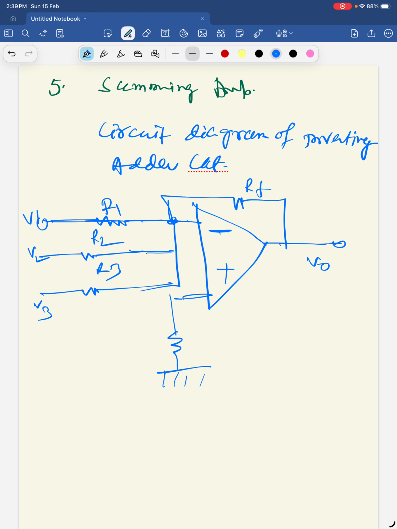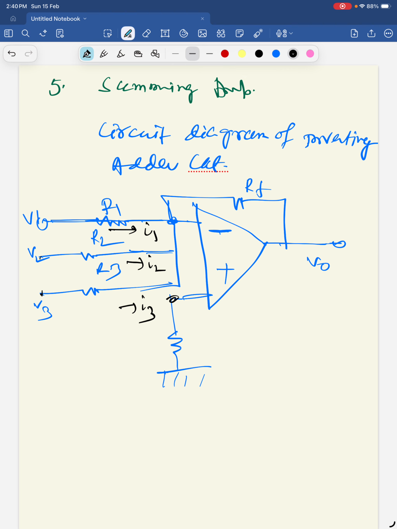Now for the sake of simplicity, we'll consider one by one. Now this current, what is this current? This current is I1. Consider this is I2, this is I3. So what is I1?